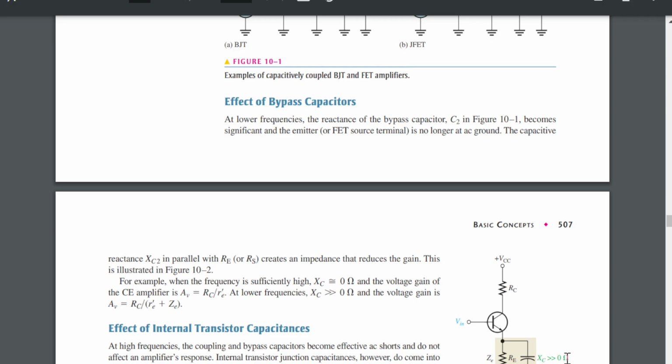So the impedance is the combination of the capacitive reactance and the emitter resistance. You can write the voltage gain as output over input: the output comes from the collector resistance, over the internal resistance plus the impedance.